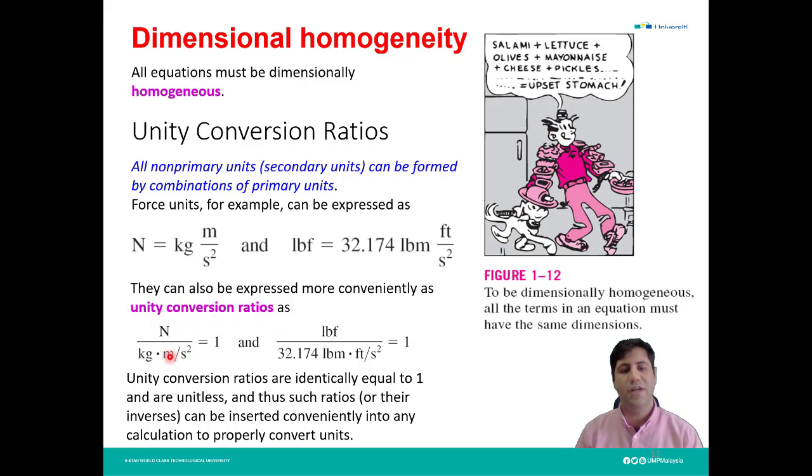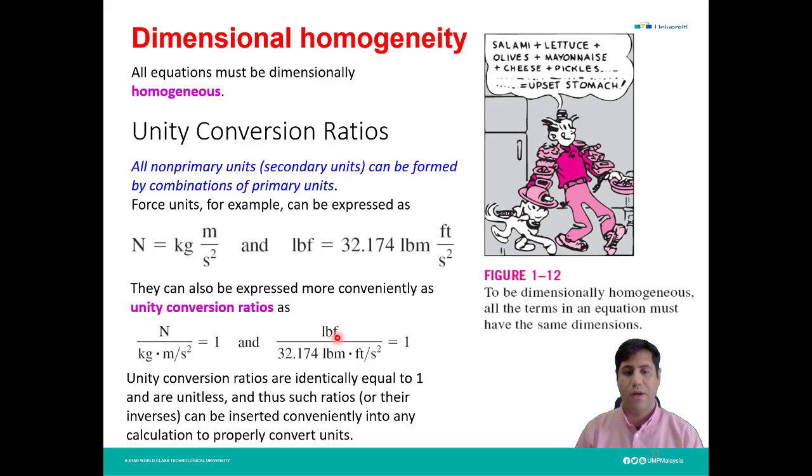As you can see here, 1 Newton of force is 1 kilogram times meter per second squared. So the result of this division will be 1, or unity.